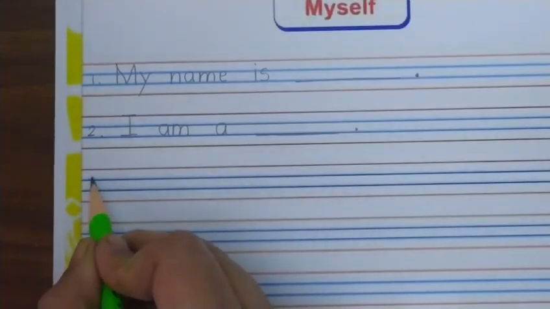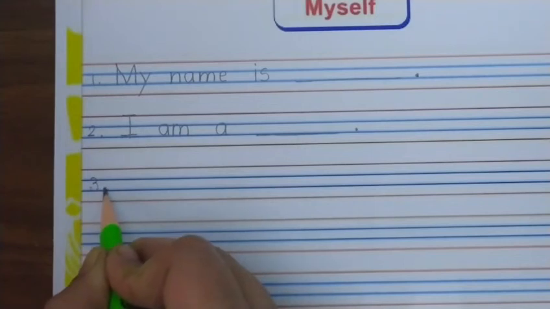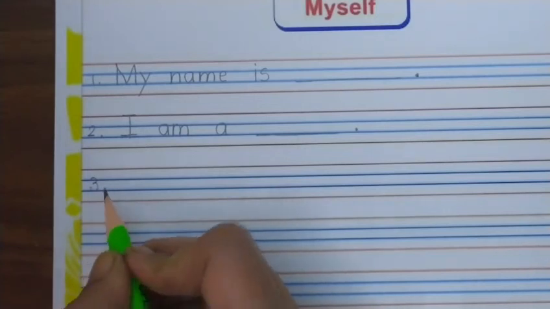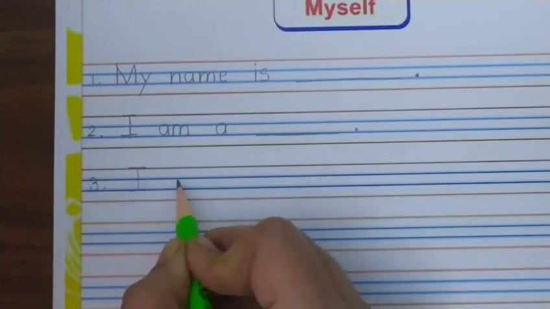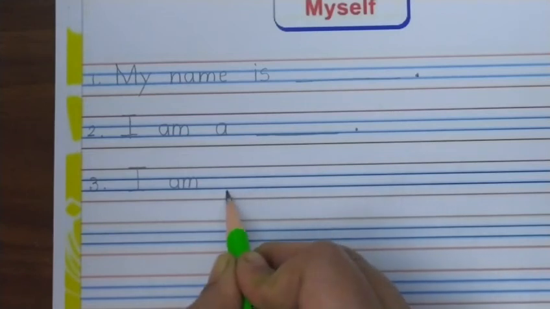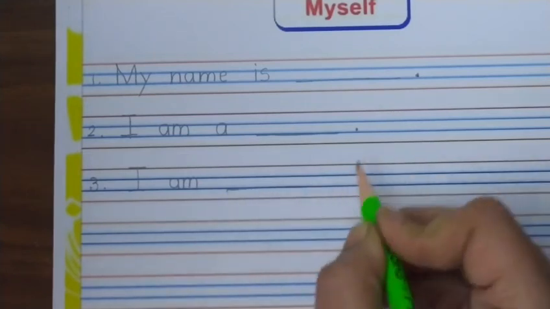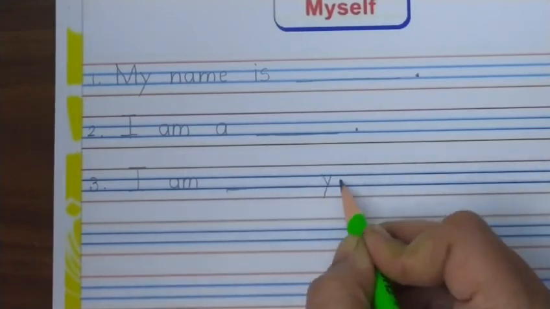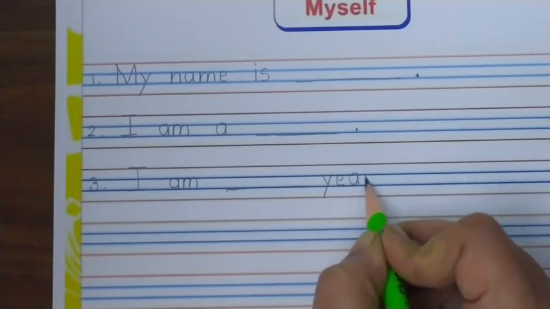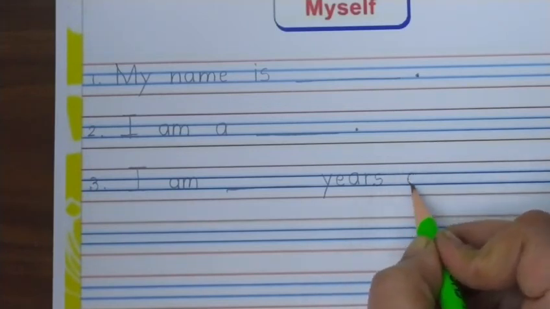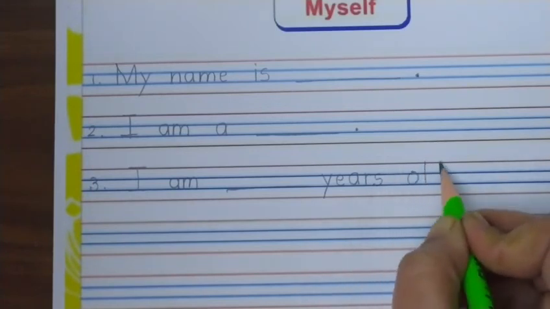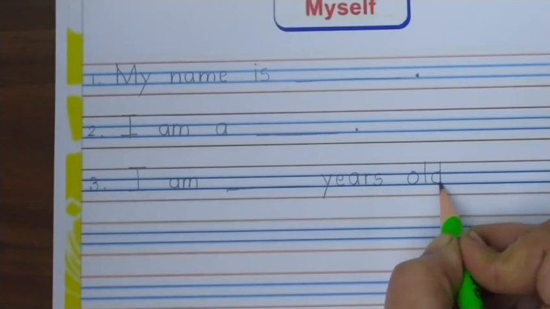Now the third sentence. I am dash years, YEARS, OLD, old.